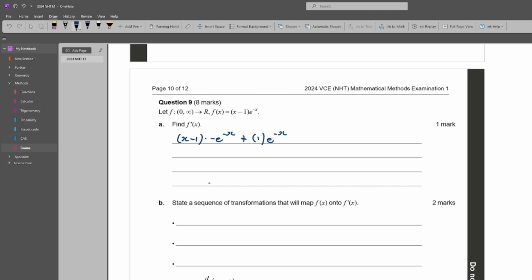Let's neaten this up a little bit. Kind of come full circle here. This is what we started with in question 1a, taking out the common factor of the exponential. So e to the negative x, (x minus 1), sorry, it's a minus, so minus (x minus 1) plus 1, which we can then simplify: e to the negative x, (2 minus x).